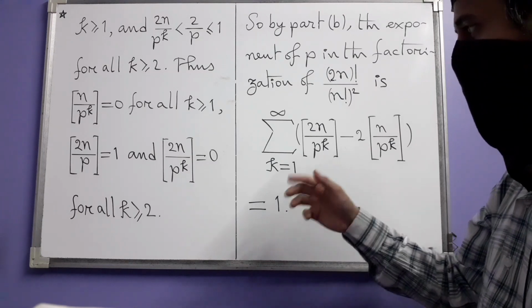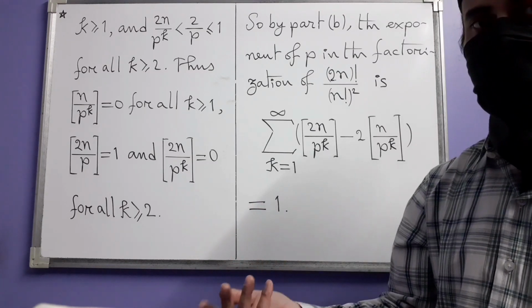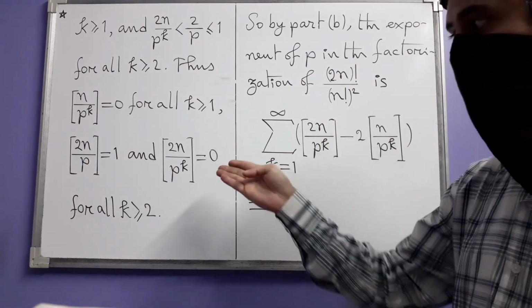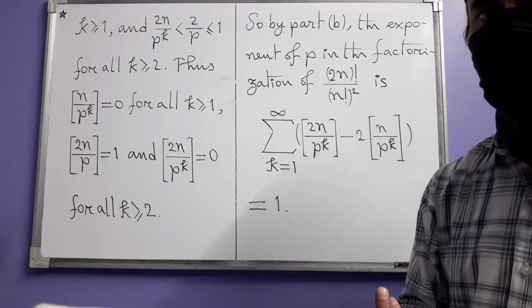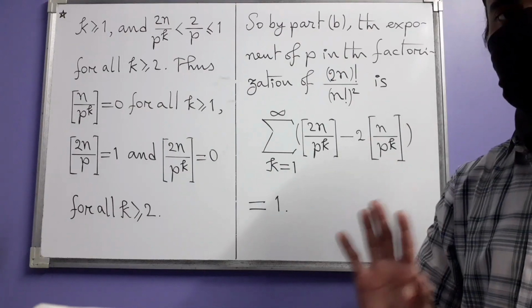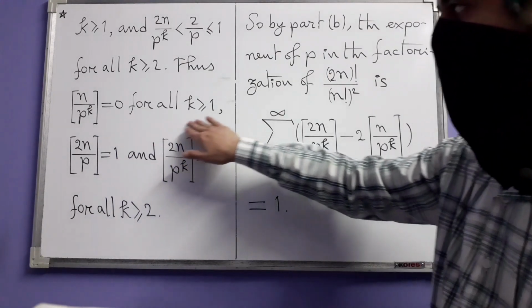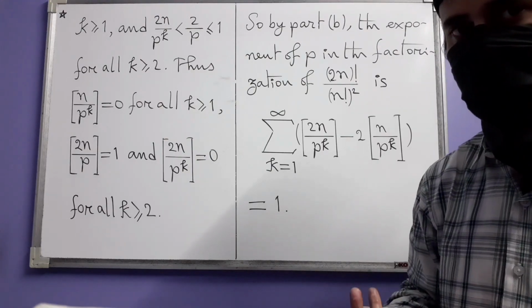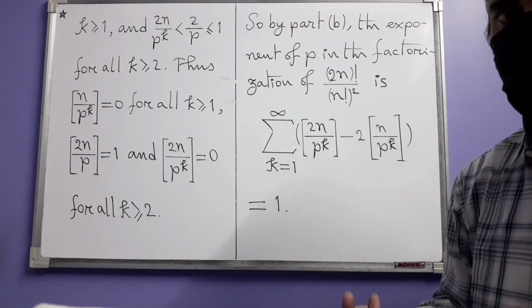What about the higher values of k? For k greater than or equal to 2, these other terms are all 0. So they vanish. And these terms are all 0 for all k. So they also vanish and you are left with only 1. And this is what you wanted to show. So here the solution ends.